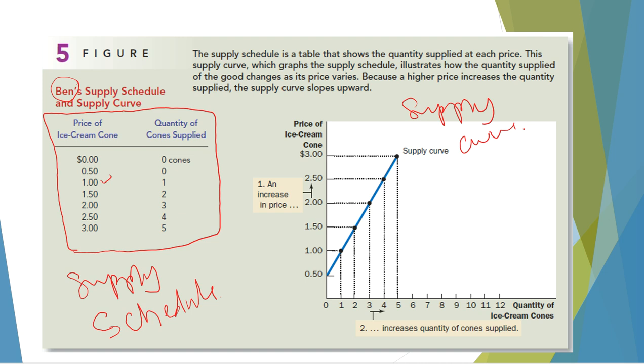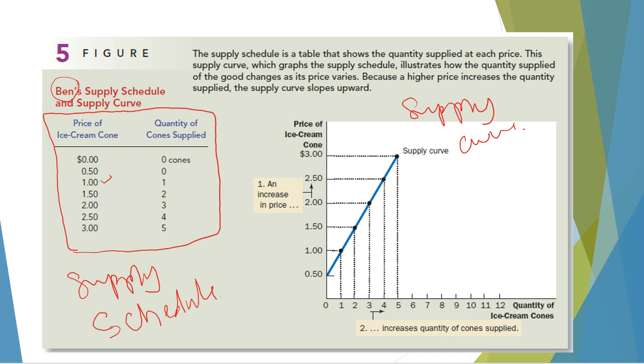Okay, pada harga aiskrim cone RM1, Mr. Ben hanya produce satu sahaja yang dia dapat bagi, sebab mungkin kos pengeluarannya pun dah lebih daripada RM1 kan. Macam kat sini kalau tengok 50 sen langsung tak ada. Mungkin kos pengeluarannya lebih daripada 50 sen.